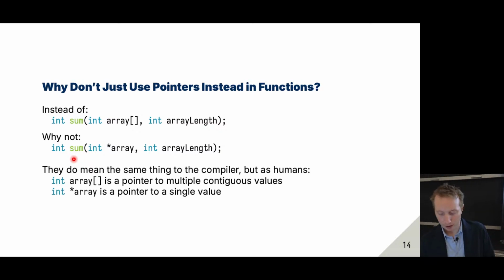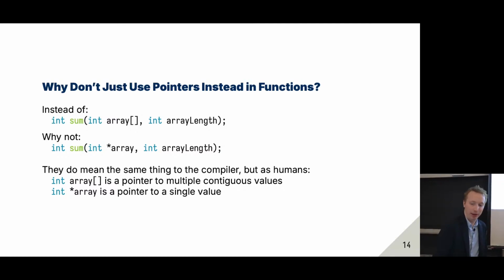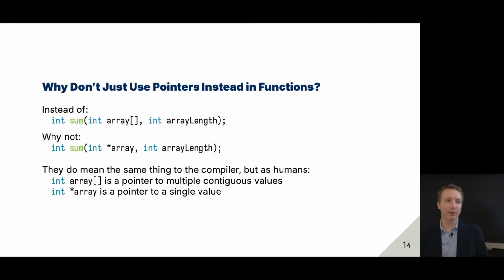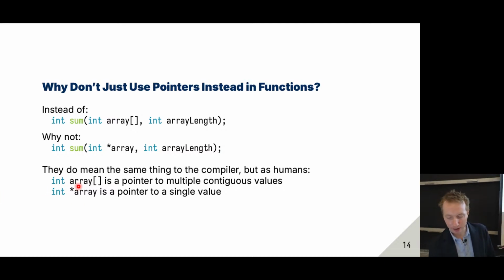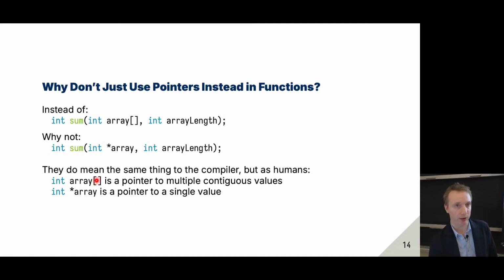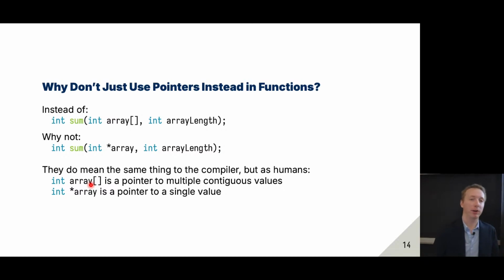They do mean the same thing, but as humans, the intent is a bit different. If I write int array with the square brackets to indicate that it is an array, even though it's a pointer, it conveys a bit more information.